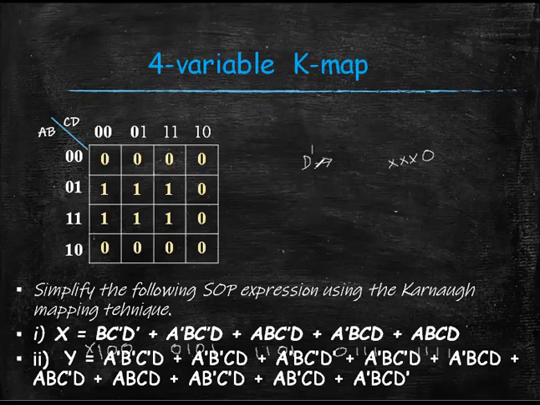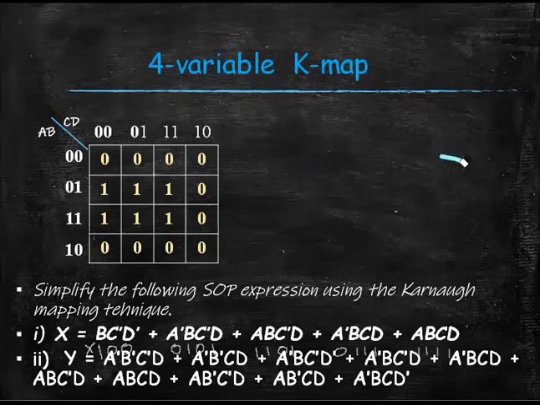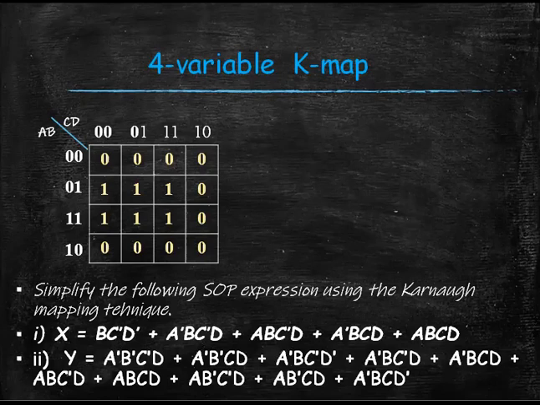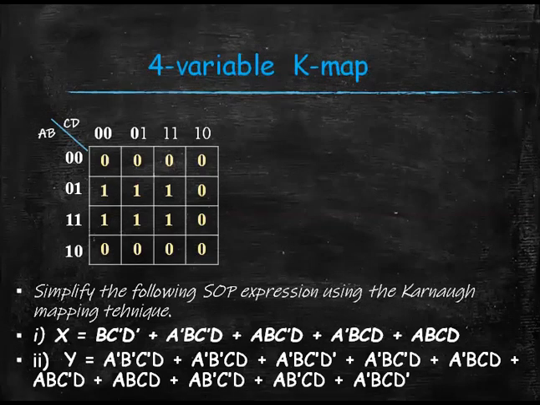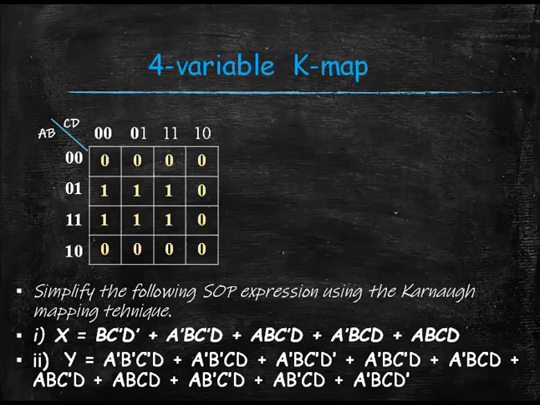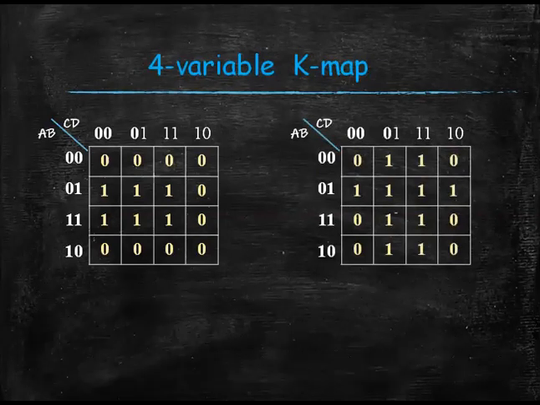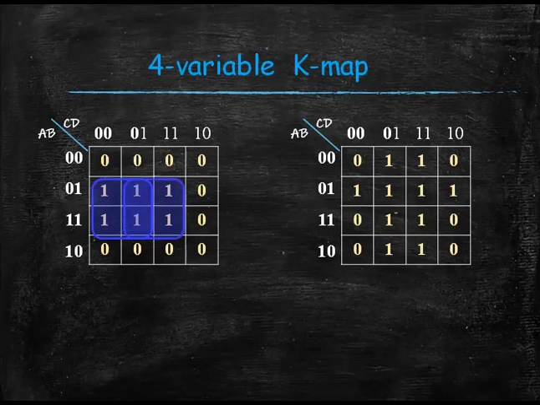Okay, the K map for the Y is equal to this one. Then we can reduce it by grouping ones in this way. There are two quads formed.